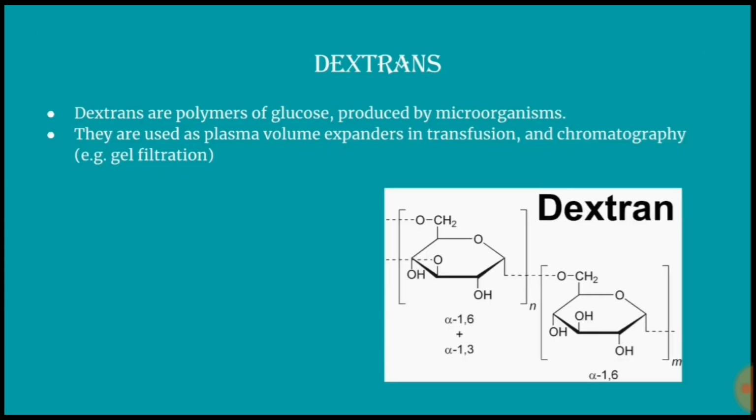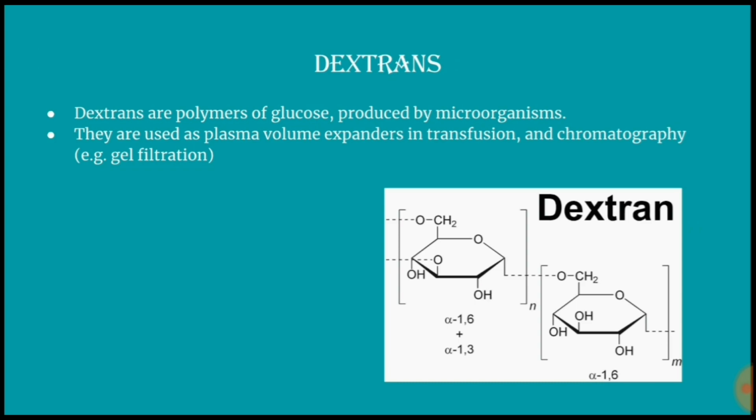Now dextrans. Dextrans are polymers of glucose and are usually produced by microorganisms. So starch is produced from plants, dextrin is produced from starch, and dextrans are produced from microorganisms. These are used as plasma volume expanders in transfusion and chromatography.